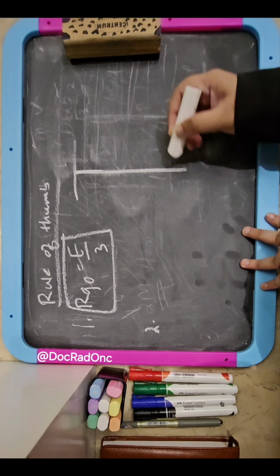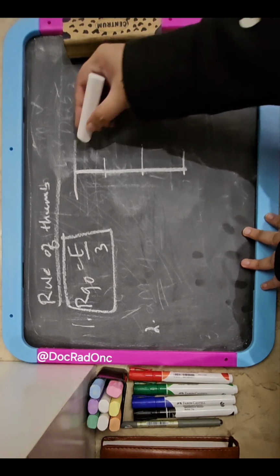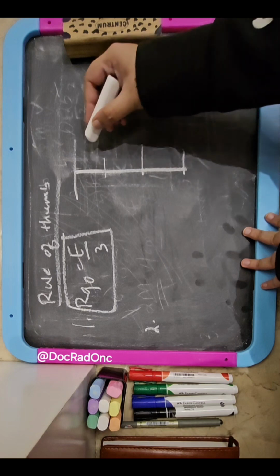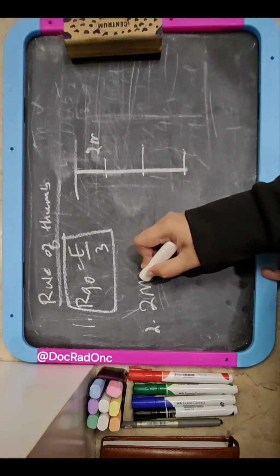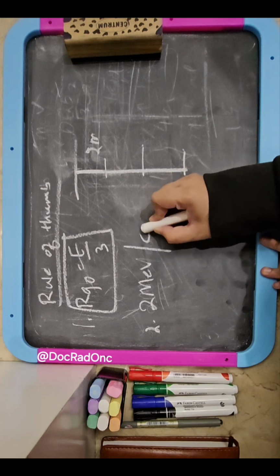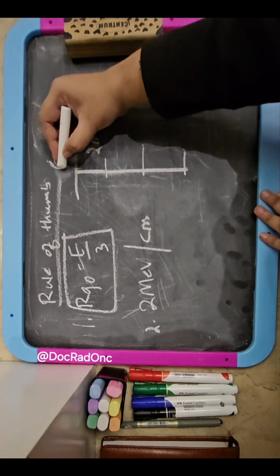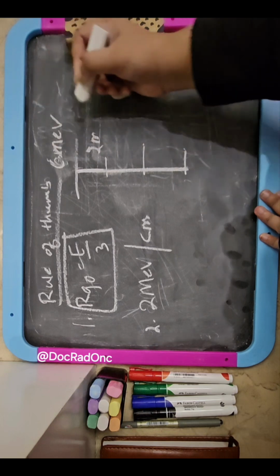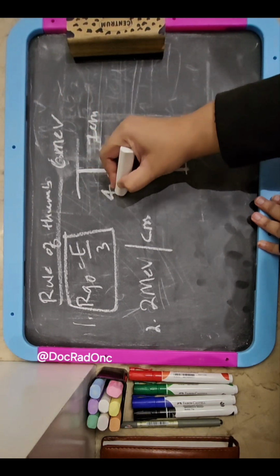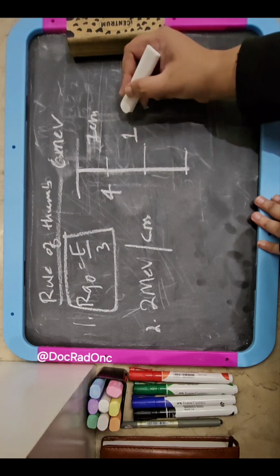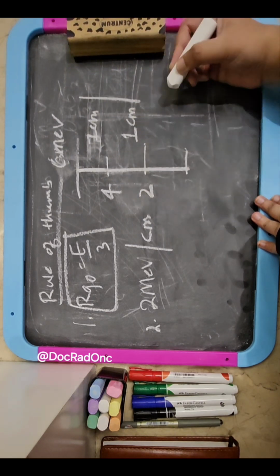Alright. The second point is the stopping power. For every centimeter of distance that the electron travels, it loses 2 MeV of its energy. So 2 MeV is lost per centimeter. For example, if it is a 6 MeV electron beam, then at a depth of 1 centimeter the energy would be 4 MeV, and at another centimeter, that is 2 centimeter, the energy would be 2 MeV.